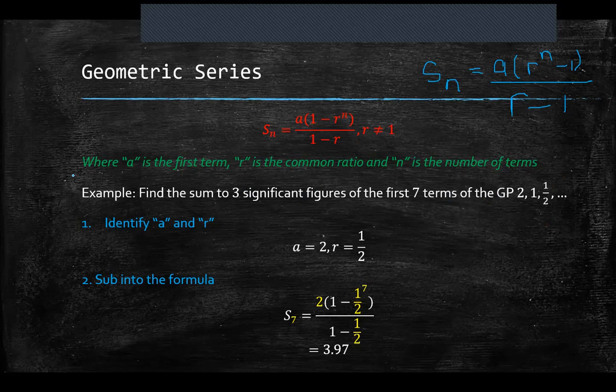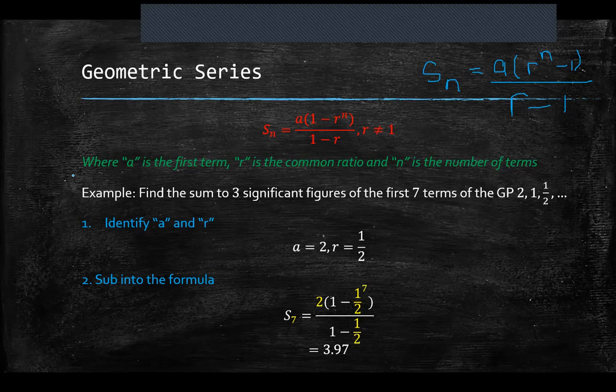So for an AP, whether it's a series or sequence, the first thing you need to do is identify your A and your D. If you don't have A and D, well, you need to go calculate it, right? Whether it's with the two equations or whatever. However, you need to identify A and D. You need to make sure you have that for an AP before you do anything else.